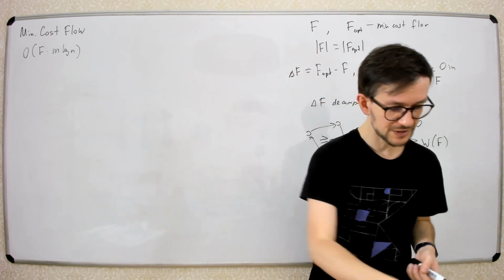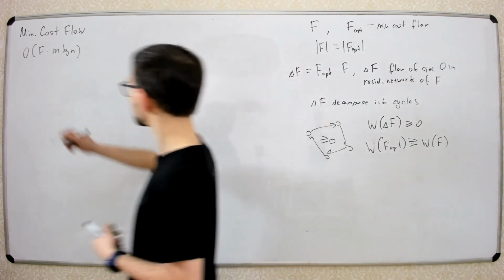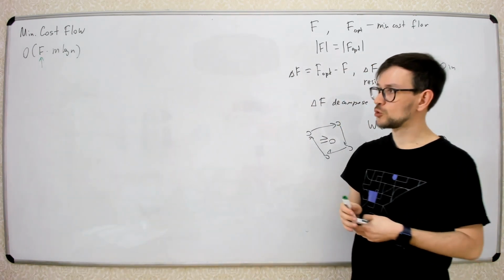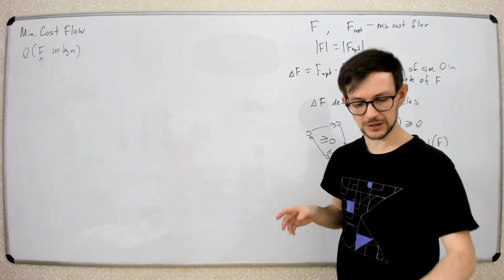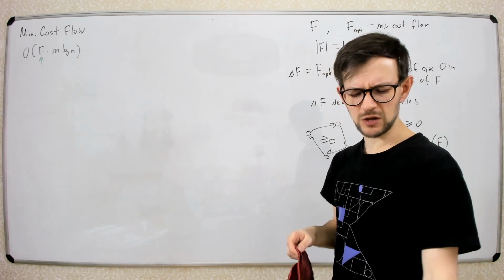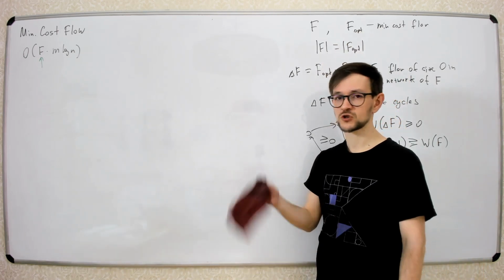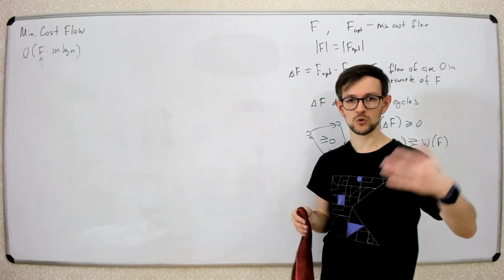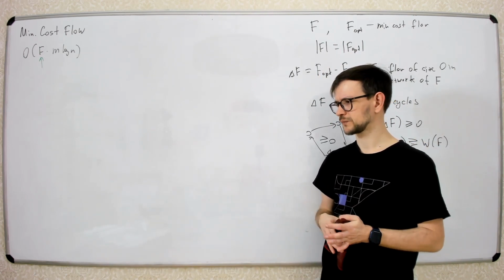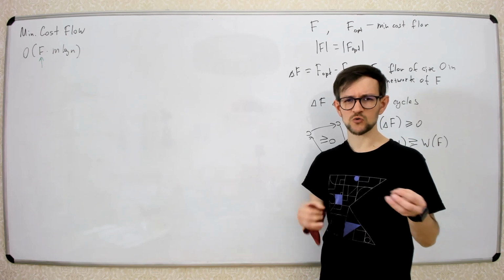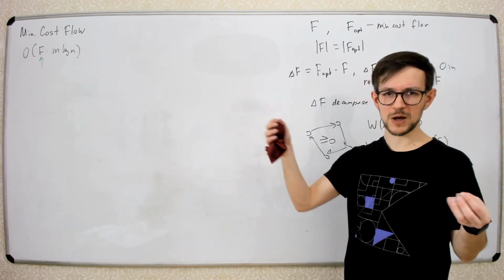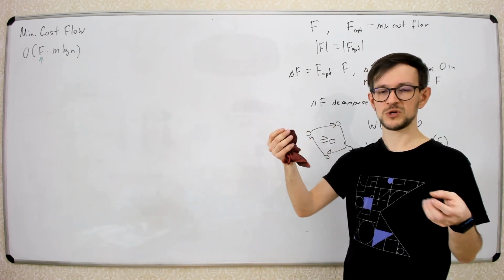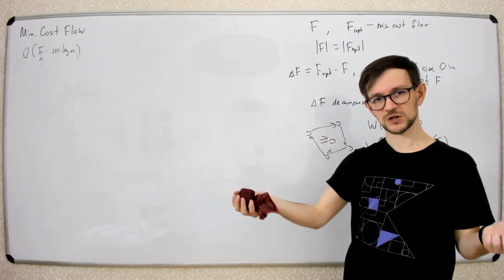Let's try to get rid of this f. I will do it using the scaling technique. Scaling, if you watched the first lecture about maximal flows, is when we try to find an augmenting path with capacity at least 2 to the power k, then decrease k by 1, find another path, and so on.